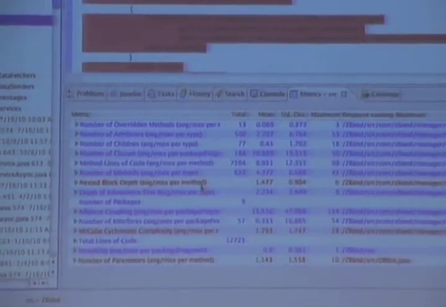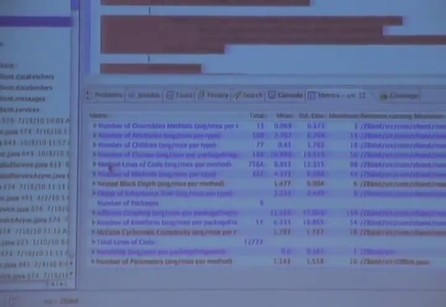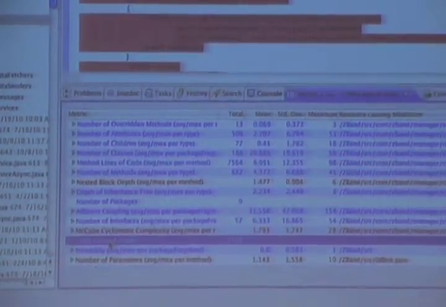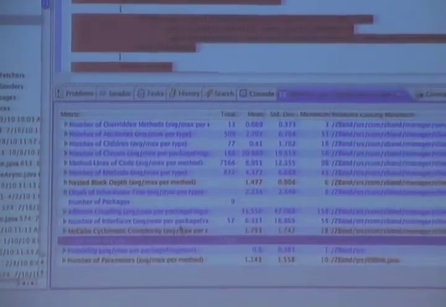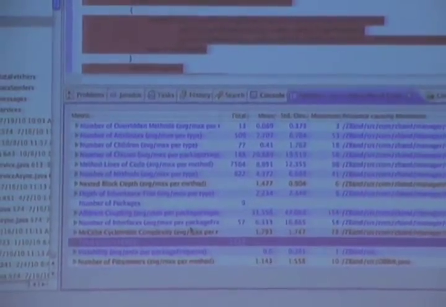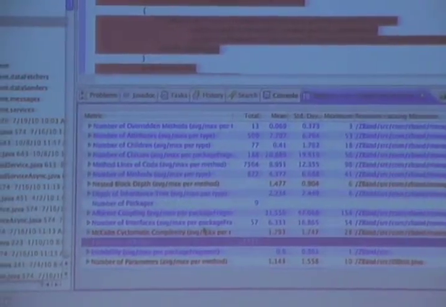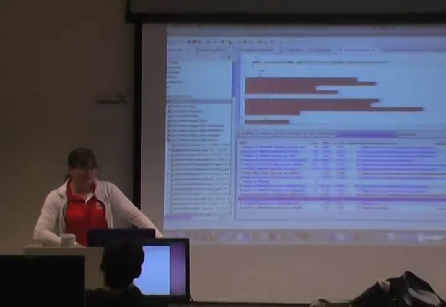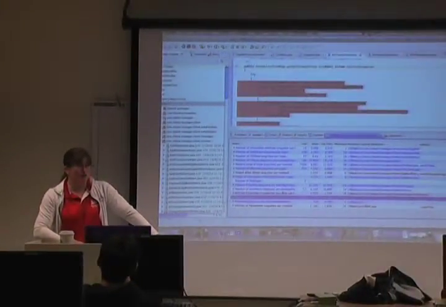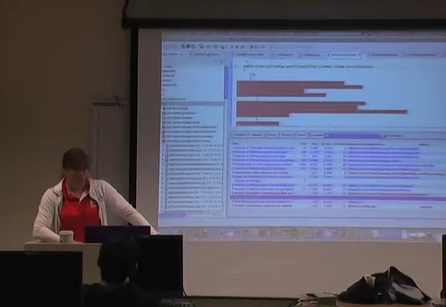Total lines of code, 12,723. Some places will use lines of code as a measure of productivity. The person who's written more lines of code has written more code. That's generally a bad idea because not all lines of code are created equal.